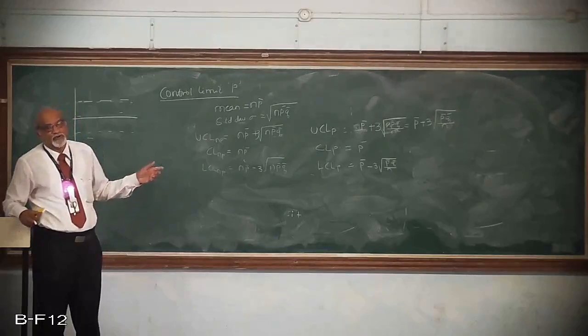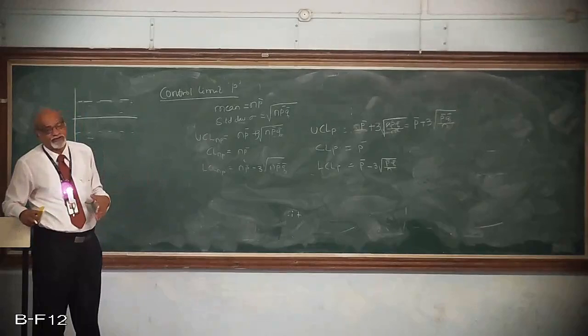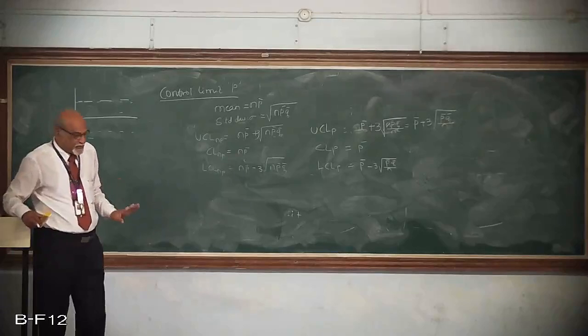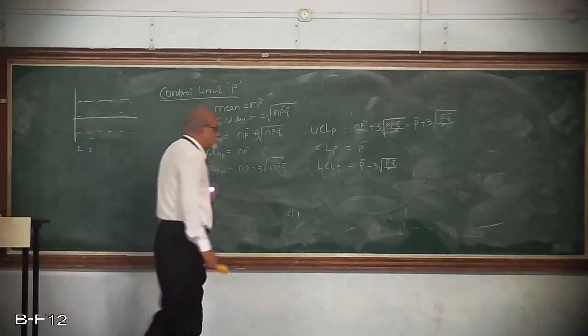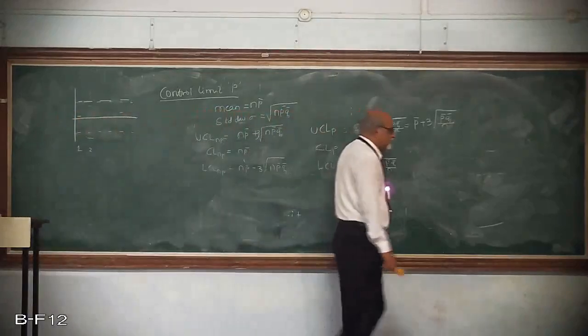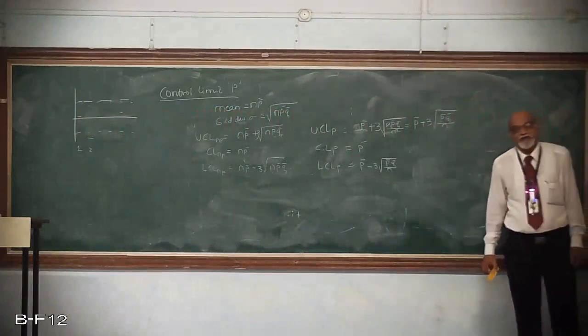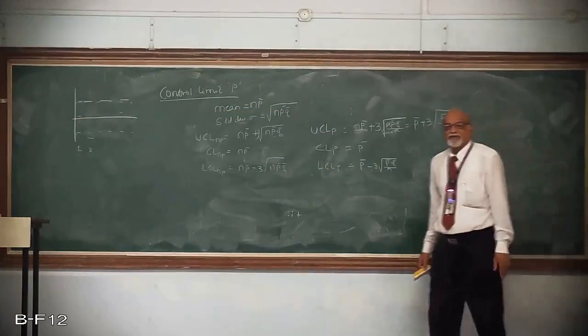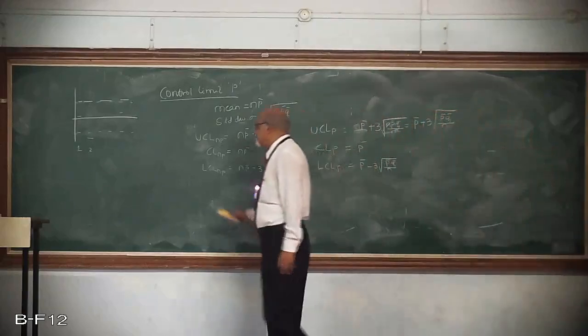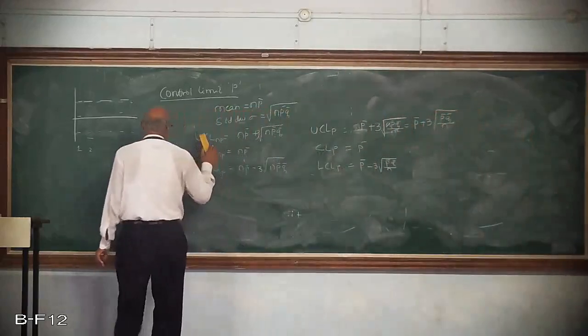If the lower control limit works out to be negative, we will make it 0. Otherwise, it doesn't give any meaning. That means the NP chart is to be used when the defectives are given and a constant sample size is there. This is when we have to use the NP chart.